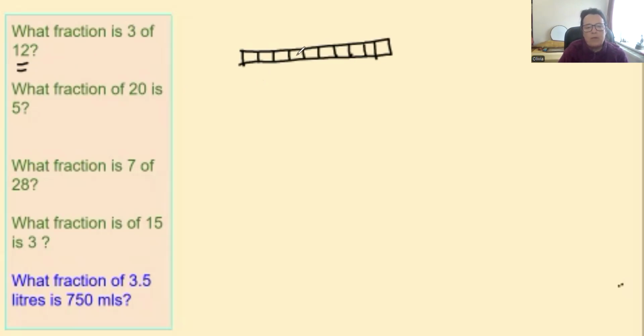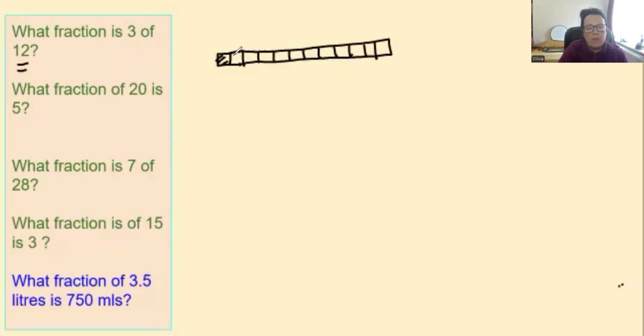1, 2, 3, 4, 5, 6, 7, 8, 9, 10. So I need to add on 11, 12. Again, imagine that this bar model is a little more symmetrical than mine is. But let me check again. Do I have 12? 1, 2, 3, 4, 5, 6, 7, 8, 9, 10, 11, 12.